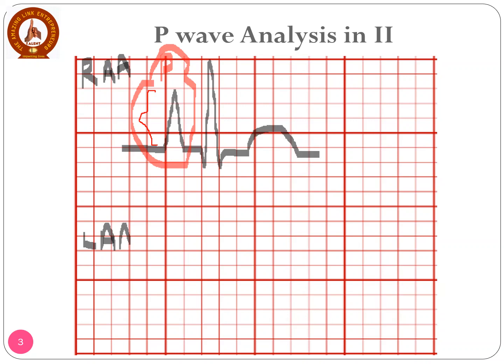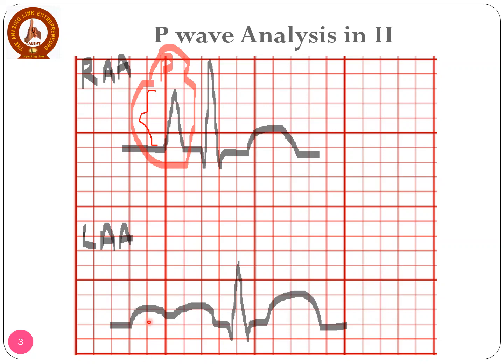Look at the P wave configuration and duration in lead 2. In left atrial abnormality, the P wave is of normal amplitude, but the configuration will be bifid. Then let's look at the QRS complex.